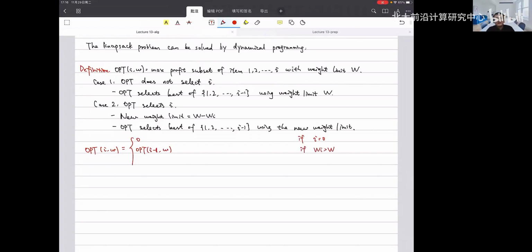If the ith item is so heavy, larger than your current w, you just cannot choose it. So OPT(i, w) is going to be OPT(i minus 1, w). And otherwise, if wi is smaller than or equal to w here, this is going to be the max of OPT(i minus 1, w), and if we choose item i, it gives us a value of vi plus OPT(i minus 1, w minus wi).